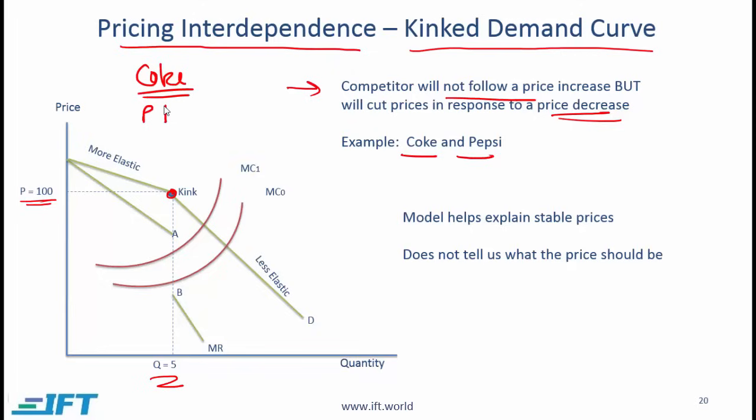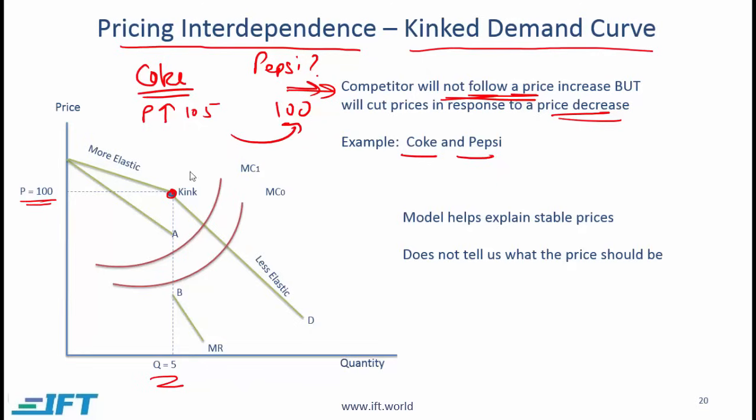If Coke increases its price from 100 to say 105, what will Pepsi do? According to what we see over here, Pepsi, which is the competitor, will not follow a price increase. So Pepsi is still at 100. What will most consumers do? Consumers will switch to Pepsi.